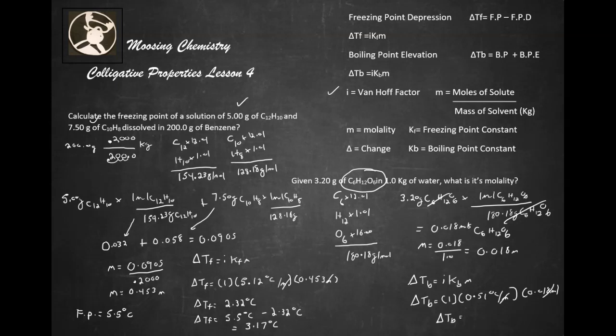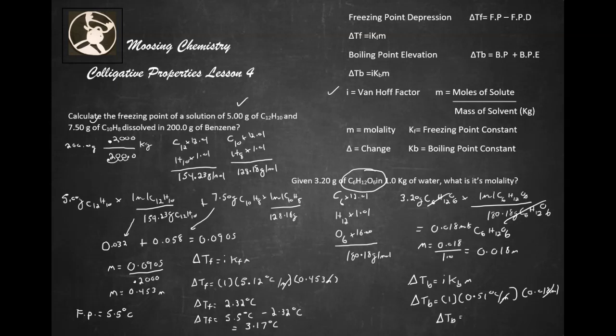Our m's cancel out, and our delta TB is going to equal, let me get my calculator and double check this answer. Give me one moment, please. That's going to give me 0.51 times 0.018. That's what I thought it was going to be.